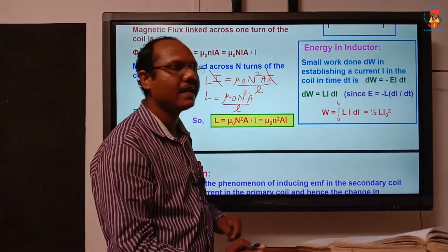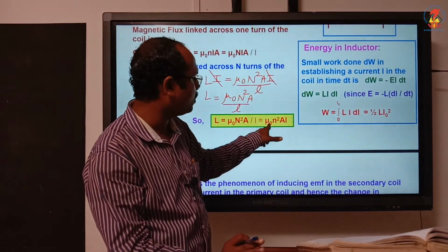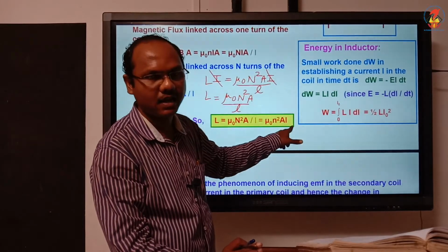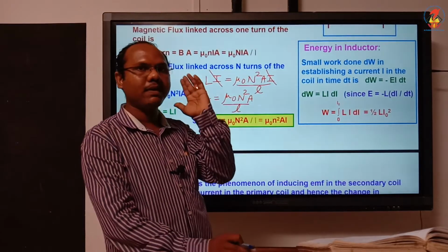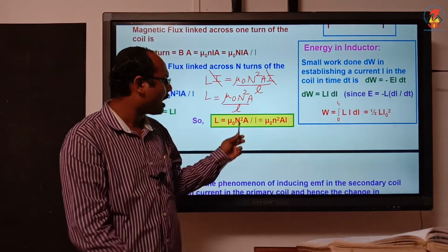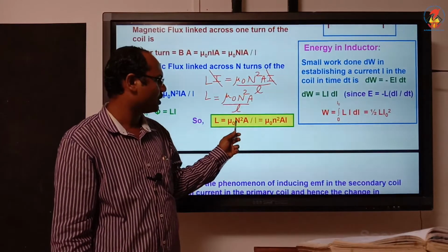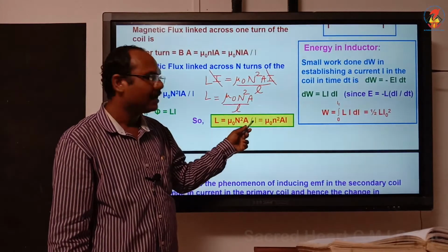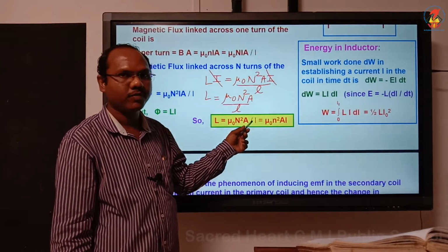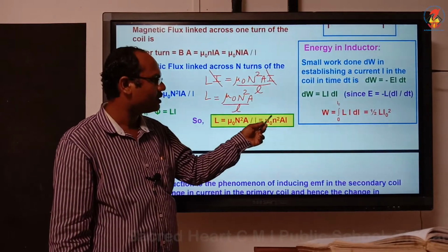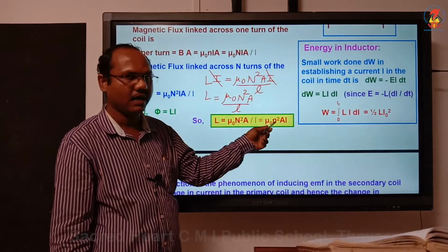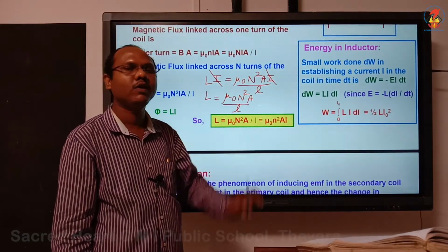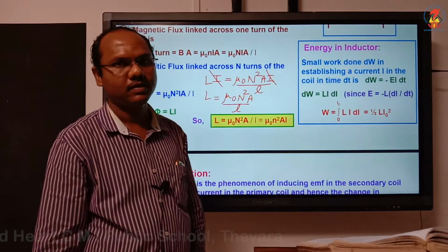So that L square and L get cancelled and finally you get mu 0 n square A L. What you have to keep in mind is, if capital N is coming in the equation, then L will come in the denominator. If small letter n is coming in the equation, then L will be in the numerator. That is the expression.